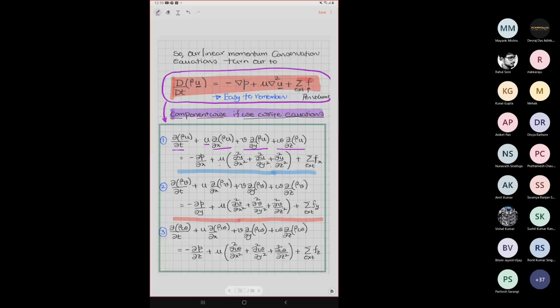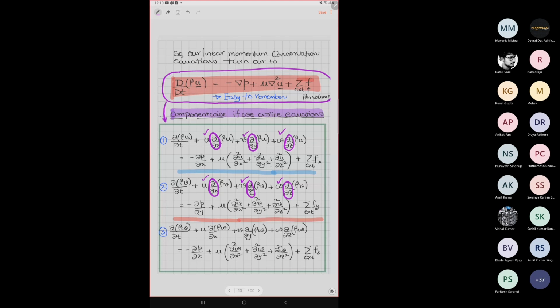If I am expanding, it is equal to minus del p by del x plus mu del square u, Laplacian u, del square u by del x square, del square u by del y square, del square u by del z square, and summation of external forces. The rhythm, again, here we can see because of this inertial notation: del by del x, del by del y, del by del z, and u, v, w.